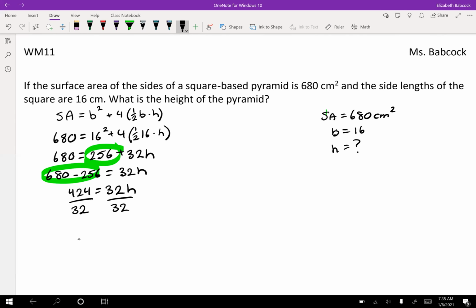And then we have 13.25 is equal to our H. So H is equal to 13.25 in our units, centimeters squared.